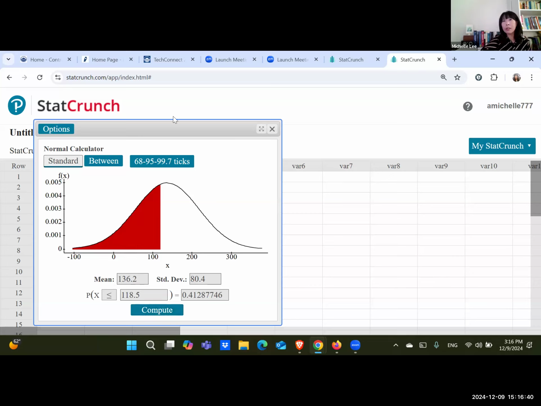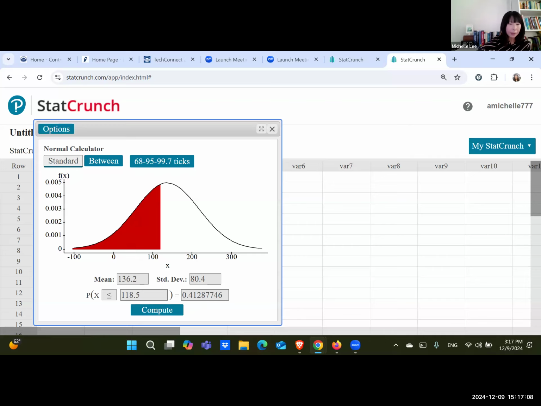And did they say any decimal places here? 4 decimal places. Okay, then there will be 0.4129, right? Okay, let's do the second one.